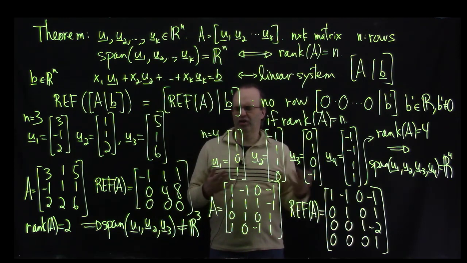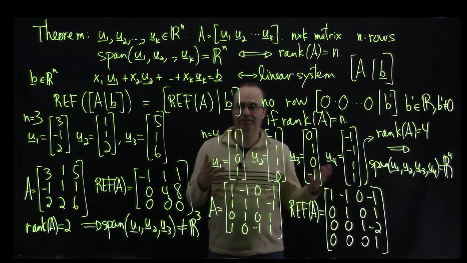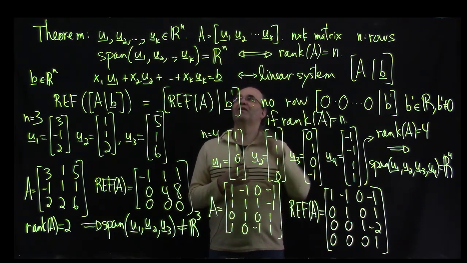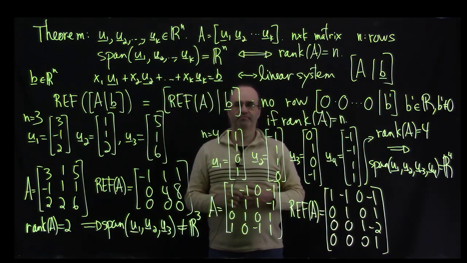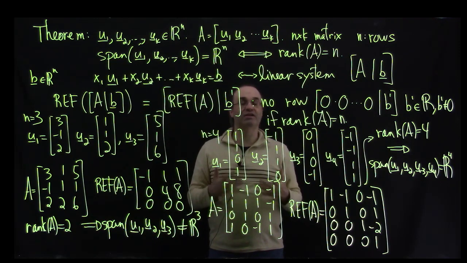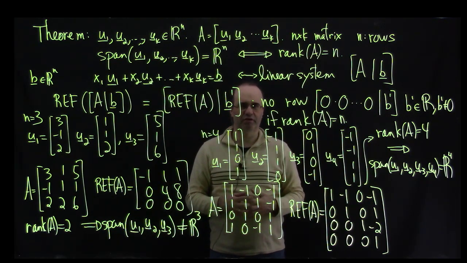It could also be possible that you take 5 vectors in R4 and the span is also strictly less than R4. This can happen. Having more than n vectors does not ensure that the span is all of Rn. But having fewer than n vectors implies that the span has to be a strictly smaller subset than all of Rn.